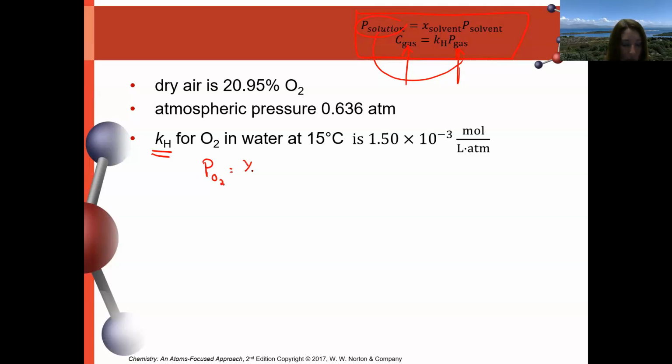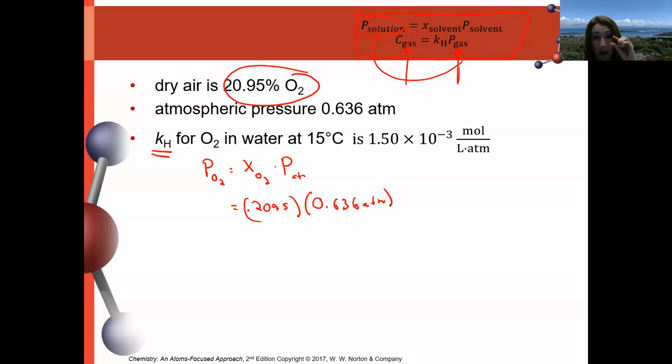It's going to be the mole fraction of our oxygen times the total pressure, right? This is going to be the pressure of our, I'll just say atmosphere, pretty much. So our mole fraction is 20%, 0.2095 times the pressure of our atmosphere, which is 0.636, right?